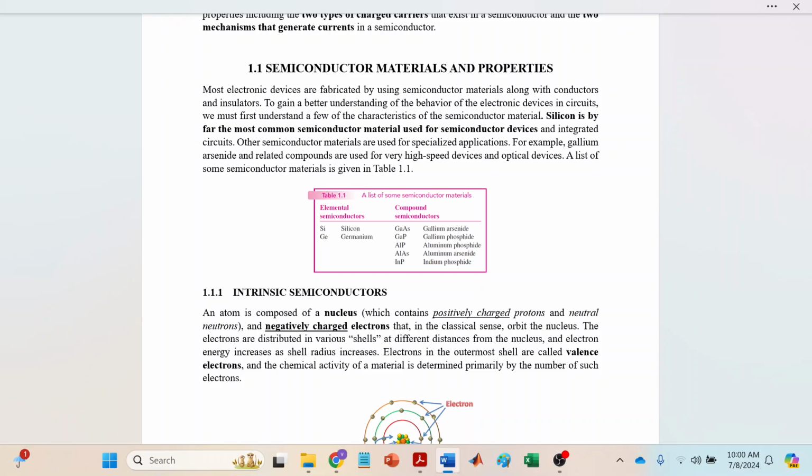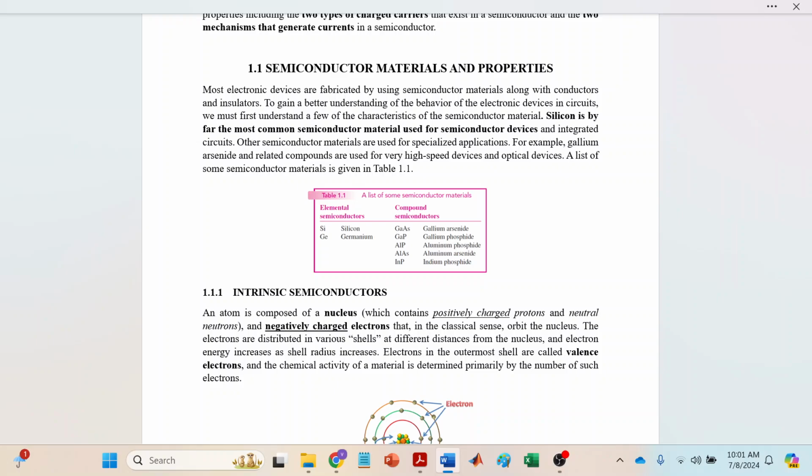We are going to be looking at the two types of charge carriers, which are electrons and holes that exist in a semiconductor, and the two mechanisms that generate currents in a semiconductor, which are due to drift and diffusion. So at the end of this class, you should be able to understand and explain the two types of charge carriers and the two mechanisms that generate currents in a semiconductor.